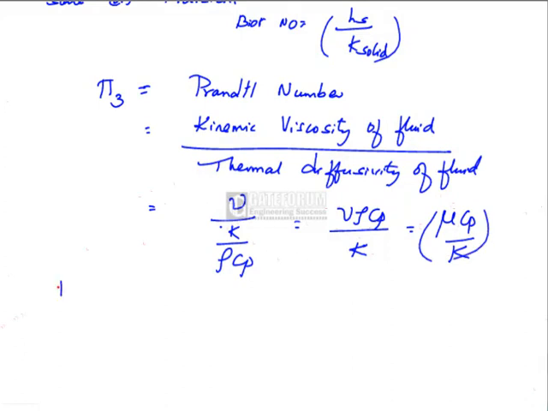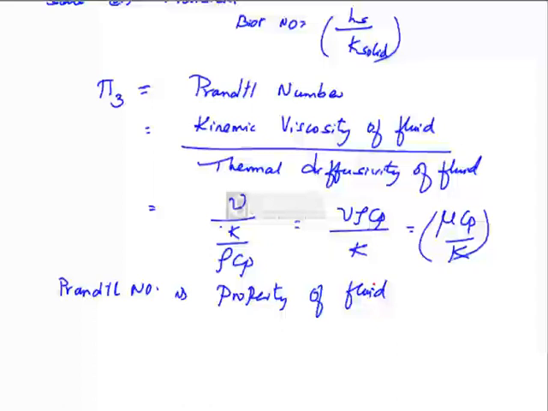Please note that Prandtl number is property of fluid, whereas other two numbers, that is Reynolds number and Nusselt number, are not properties. Prandtl number is the property of the fluid, which is defined as the ratio between kinematic viscosity and thermal diffusivity.